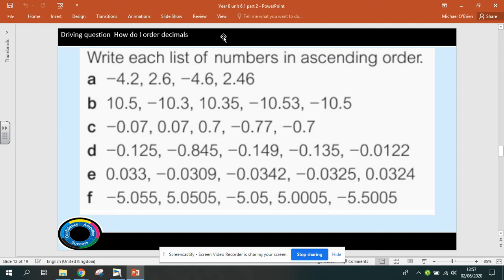D, minus 0.845, minus 0.149, minus 0.135, minus 0.125, minus 0.0122.